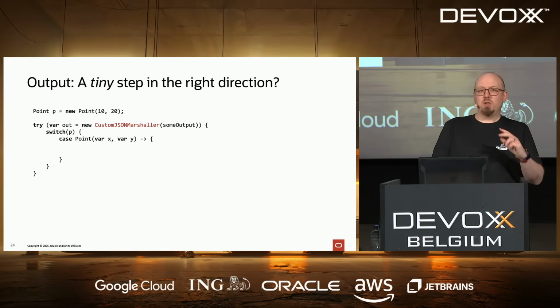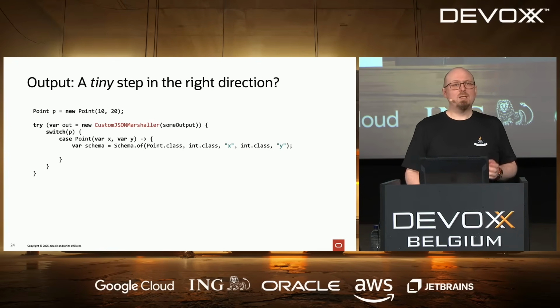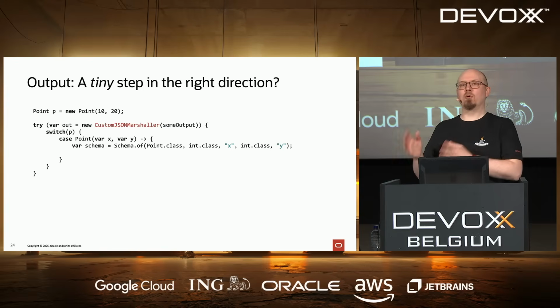If we wanted to do this manually, I create a marshaller that has some sort of output destination, and then I unpack the point manually, but we still want to be able to say what the payload actually is, because the format may want to retain that information.